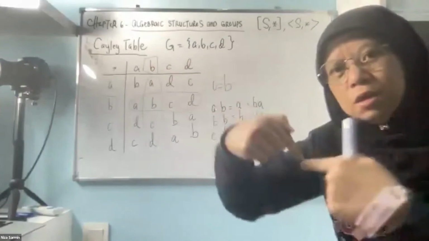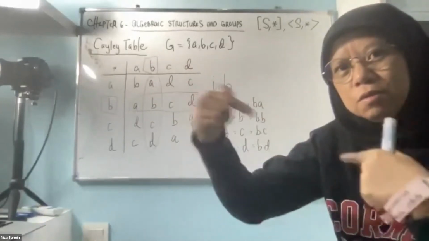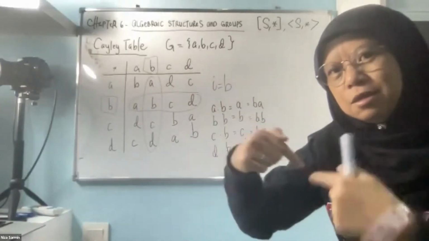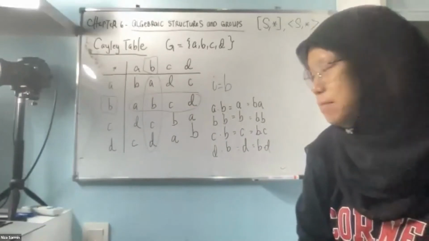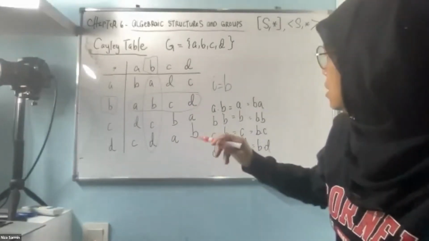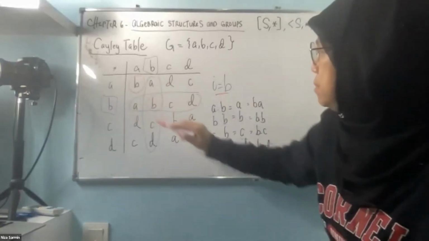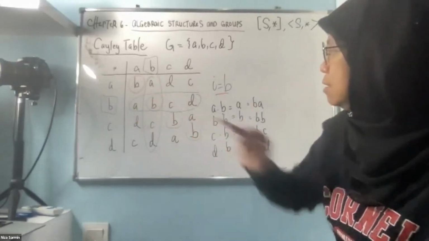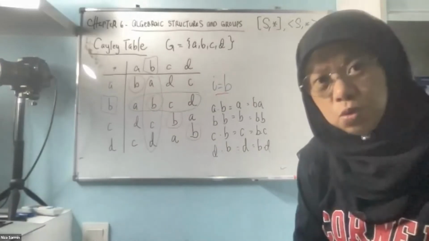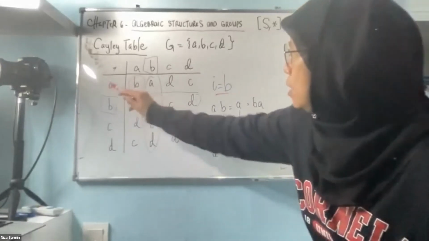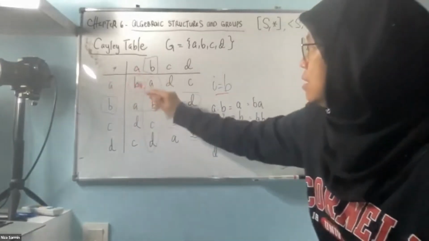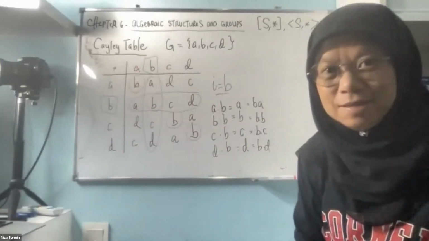The column and row that intersect, that is the inverse of each other. So the identity just now is B, yeah? So you find B for each row, and the corresponding element is the inverse.